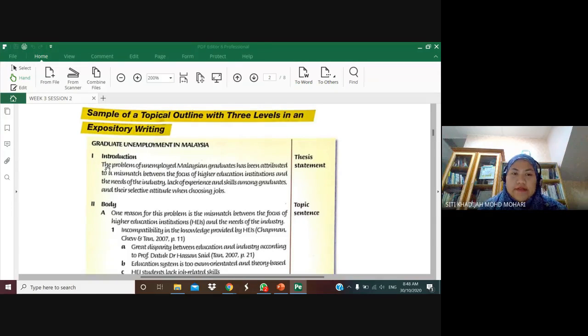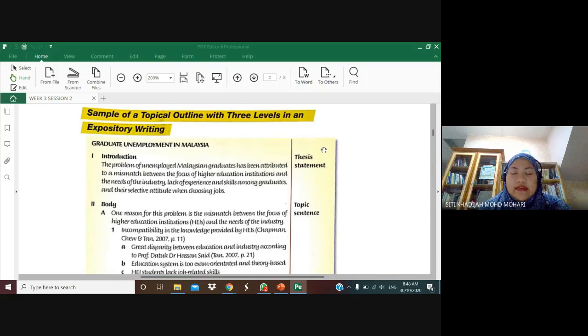So the thesis statement is: the problem of unemployed Malaysian graduates has been attributed to a mismatch between the focus of higher learning institutions and the needs of industry, lack of experience and skills among graduates, and their selective attitude when choosing jobs. This is the thesis statement.